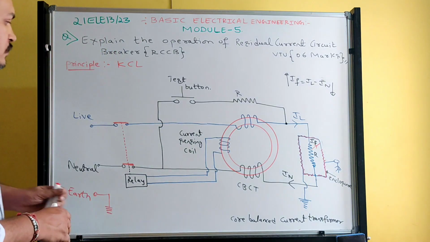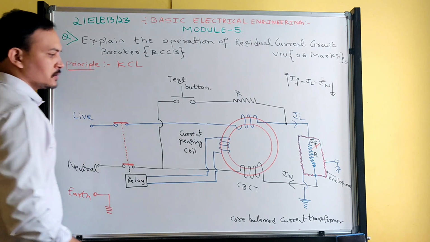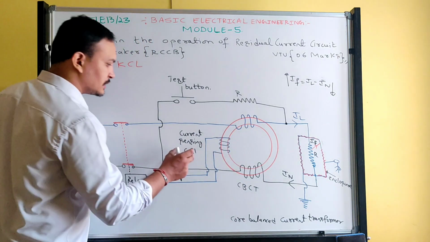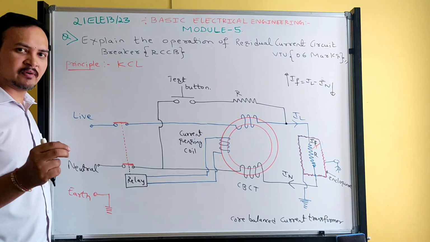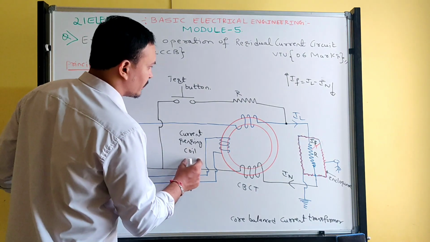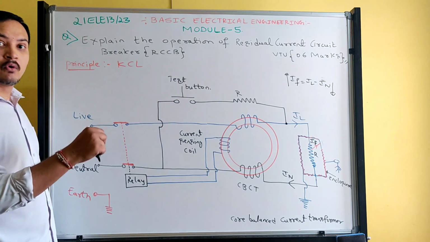Got it? Then what is the function of the test button? Suppose in a worst condition the sensing coil does not work effectively, even if it is only 5% not working. Under such a condition the test button is closed.